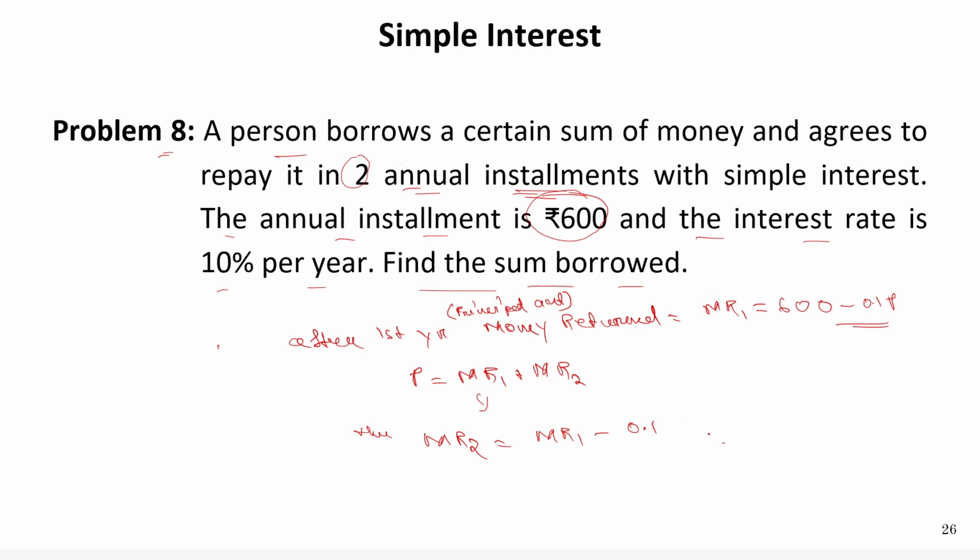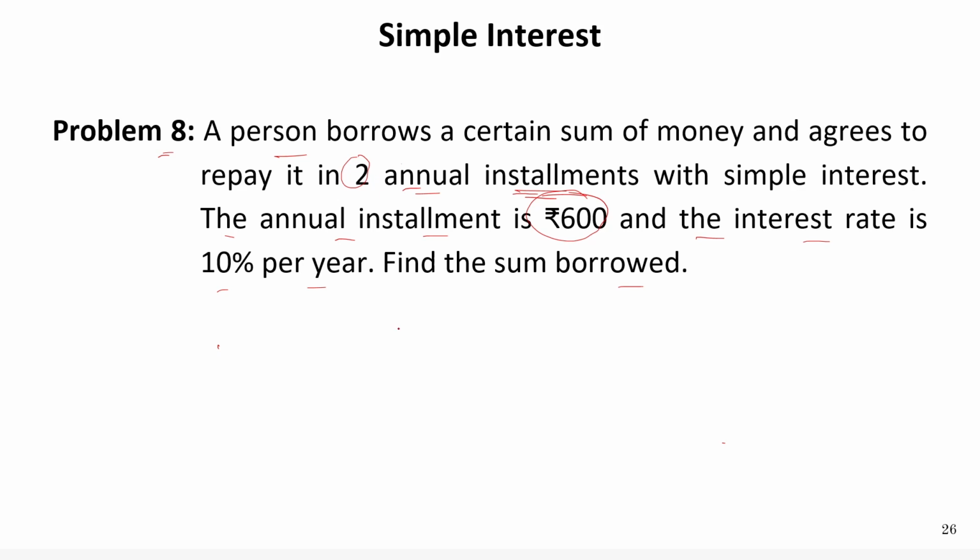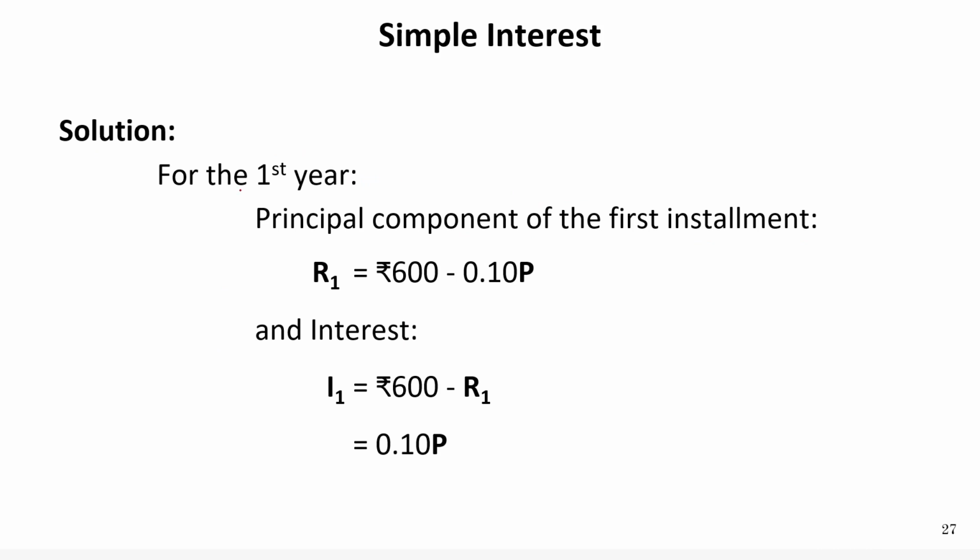So let's go forward with the step-by-step solution. For the first year, let the principal component of the first installment be R1. That is equal to 600 minus 0.10P, right? So interest I1 is equal to 600 minus R1, which is 0.10P. That is what we have assumed here.